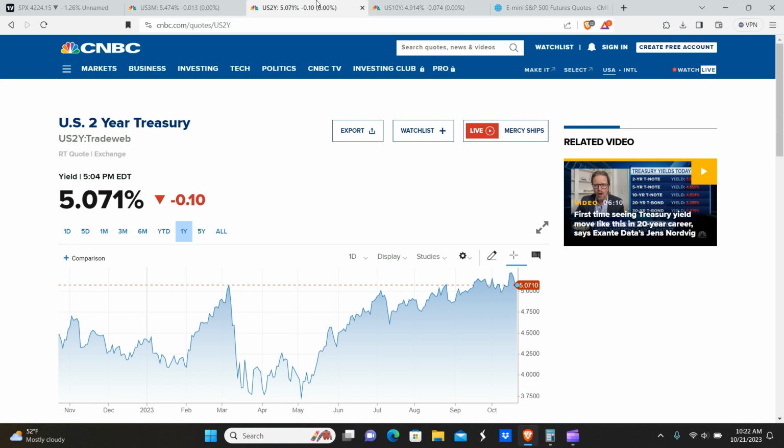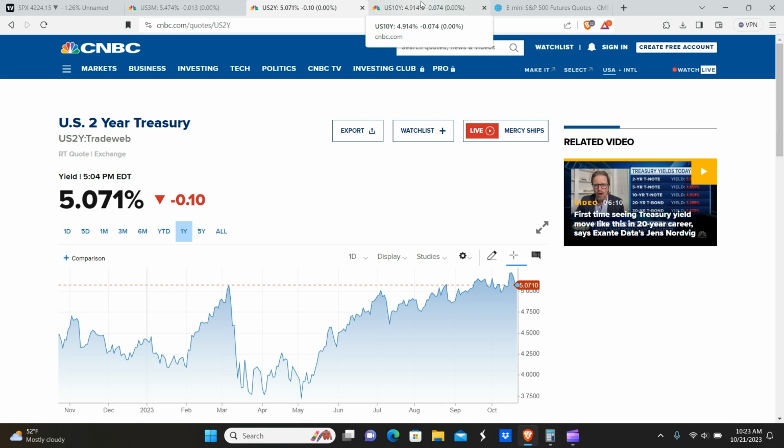So in order for the yield curve to invert, the Fed has to raise rates, which causes bond yields to go up. Typically, when it's inverted, the 30-year, which we don't have pulled up currently, will yield the lowest, and the 3-month will yield the highest. As you can see here, the 3-month is yielding higher than the 10-year and the 2-year.